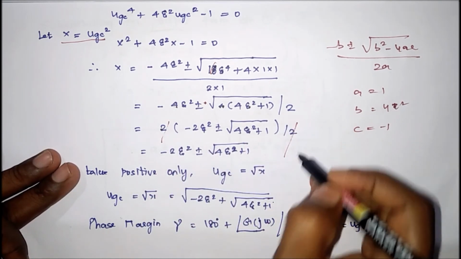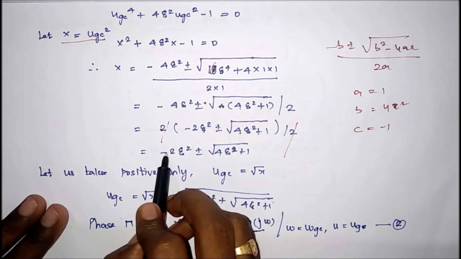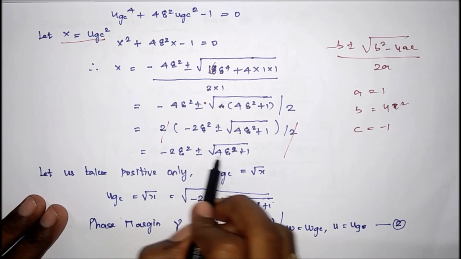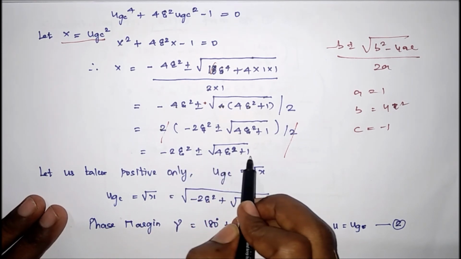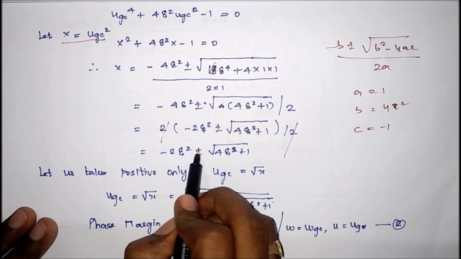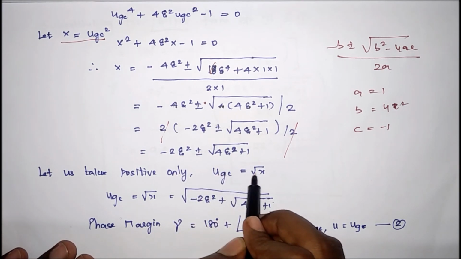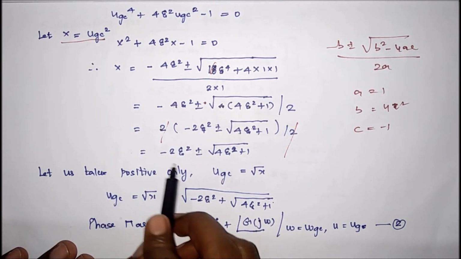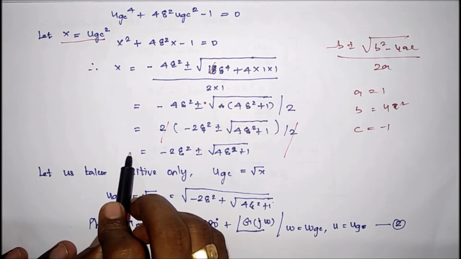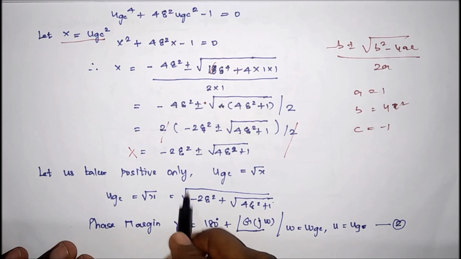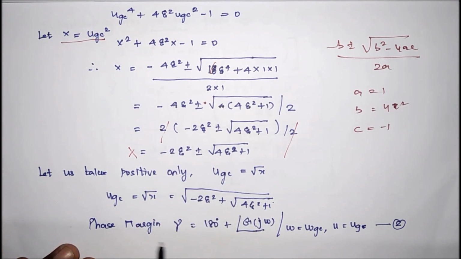This 2 and this 2 we can cancel. Finally we will have minus 2 eta square plus or minus square root of 4 eta power 4 plus 1. Now we are going to consider positive only. We already know u_gc equals square root of x. To get u_gc, we have to take the square root of this term.